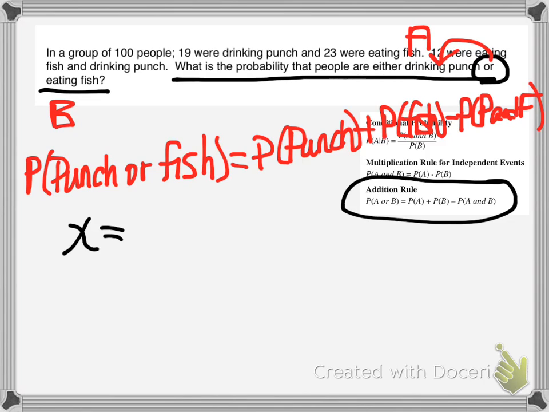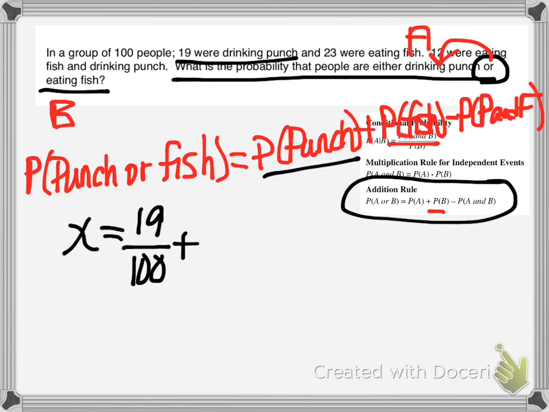Then I want to find the probability of drinking punch, there are 19 people drinking punch, so 19 out of 100, plus, next the probability of B, which is eating fish.